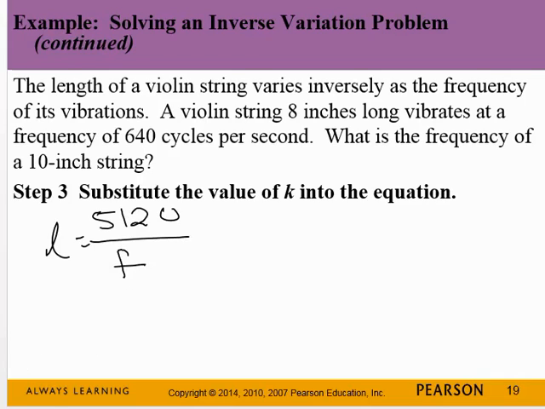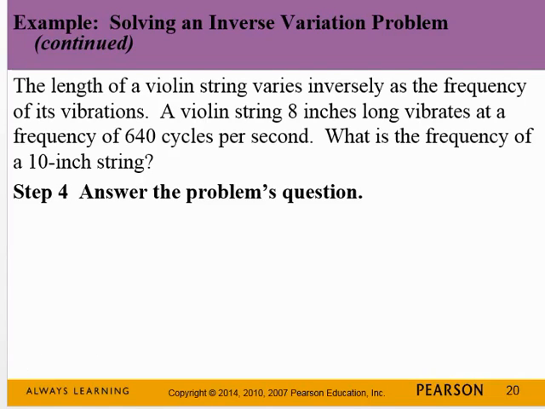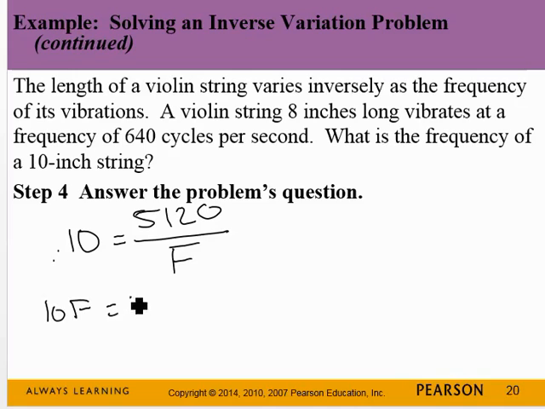So now we have to go on to solve the problem they're asking. What is the frequency if you have the length of 10? So we would have to multiply both sides by F, so you have 10F equals 5,120, and then divide by 10.